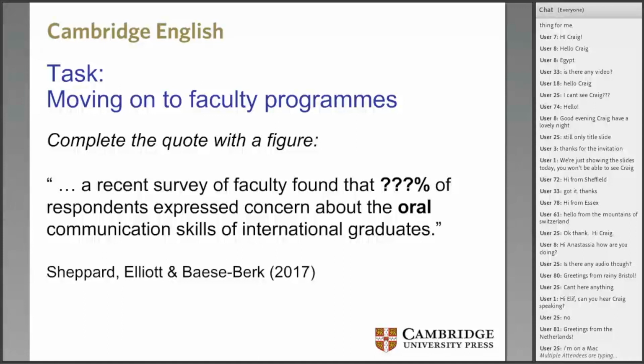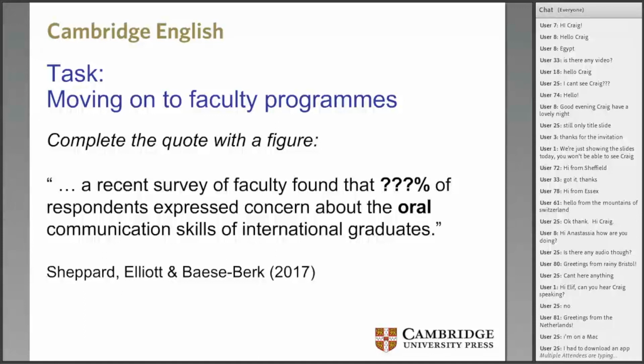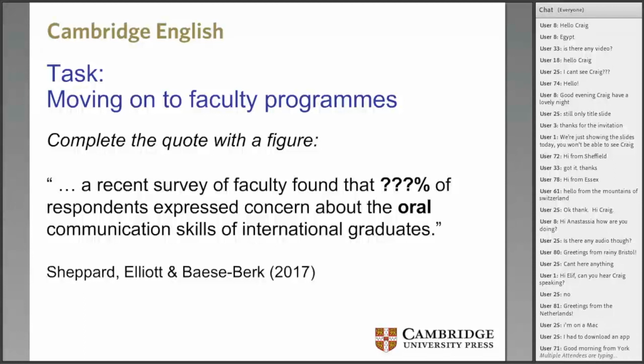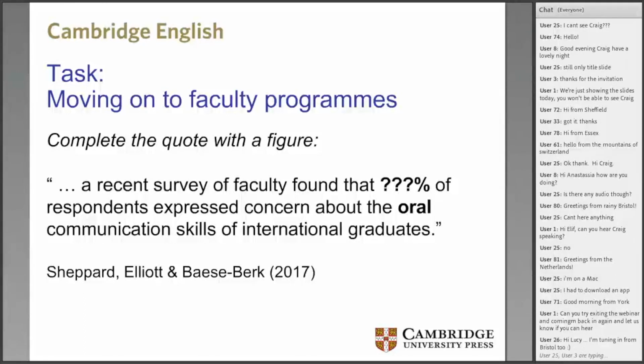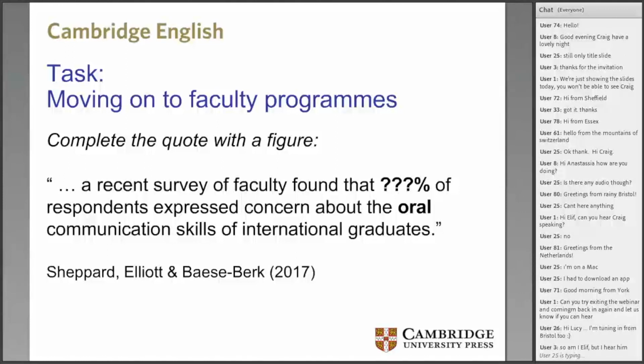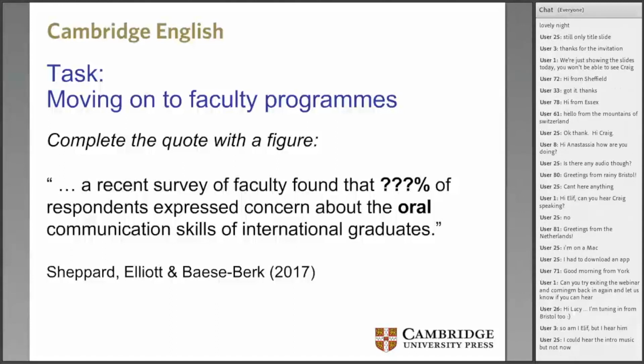So I'd like to start with just a very simple task. I've taken a quote here from a study that was published last year from Shepard et al. And they did a survey at an American university, and they surveyed not EAP learners or undergraduate students, they surveyed faculty staff, so lecturers and tutors, people who actually teach undergraduate students, non-native speaker and native speaker, and they were questioned about their perception of the oral communication skills of international graduates.